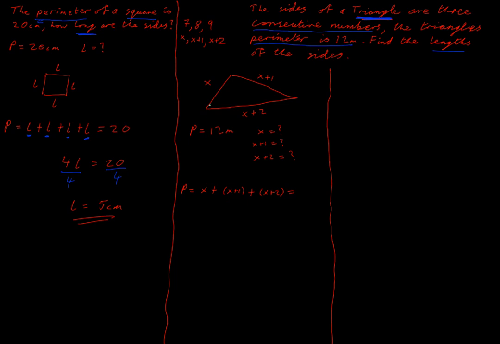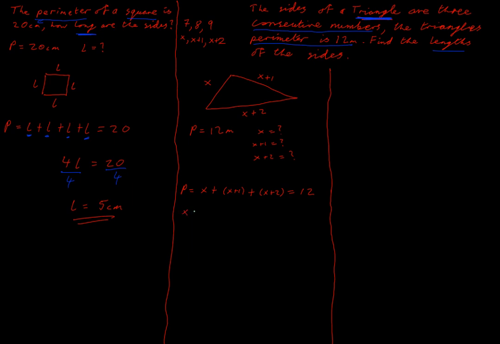The perimeter is just adding up the lengths of the sides, which is what I've done here. I've added up the length of each side, and I know that that adds up to 12. And now I've got an equation where I've only got one unknown in it. It's the length of the shortest side, and I'm going to try and solve that. And if I can find the length of the shortest side, then it's very easy to find the length of the next 2 sides.